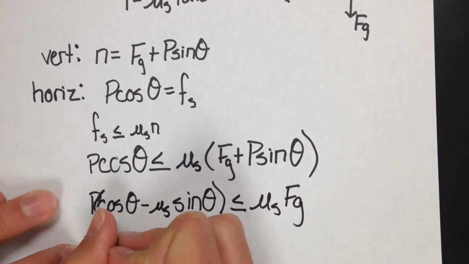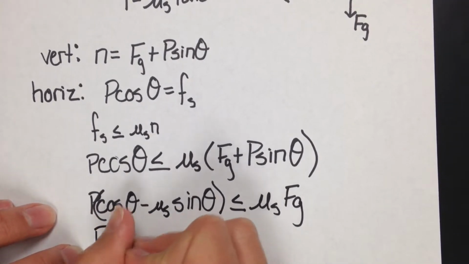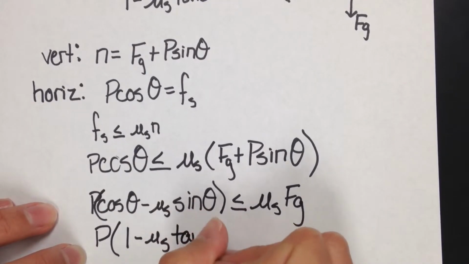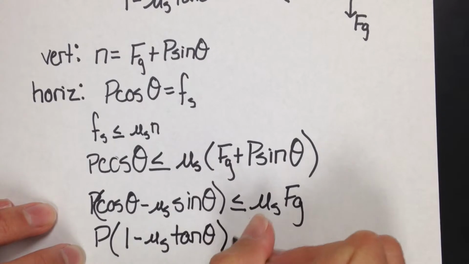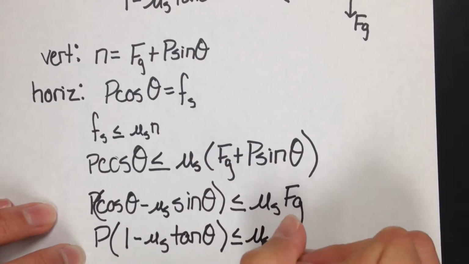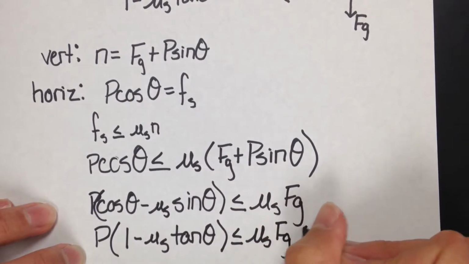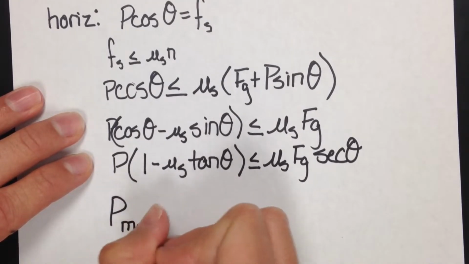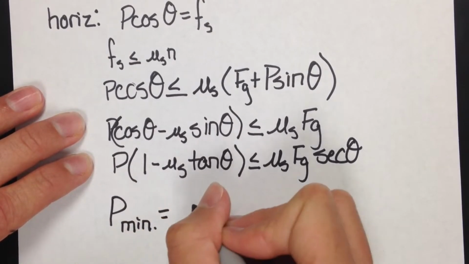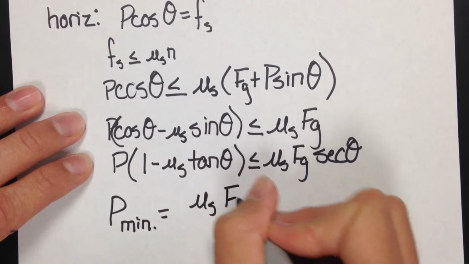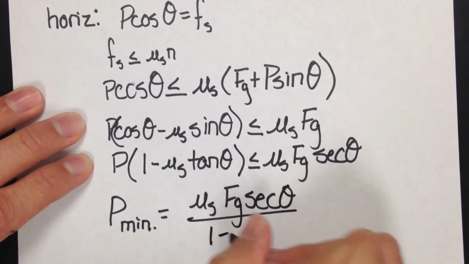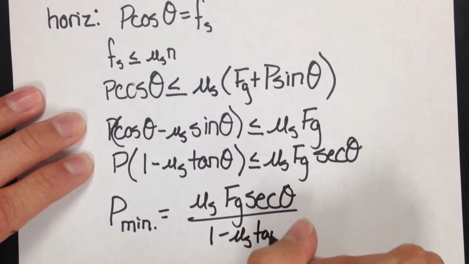And then from here, we divide by the cosine, so it's going to be P times 1 minus mu sub s tangent theta is less than or equal to mu sub s Fg secant theta. And then after rearranging, this gives P minimum equals mu sub s Fg secant theta over 1 minus mu sub s tangent theta.